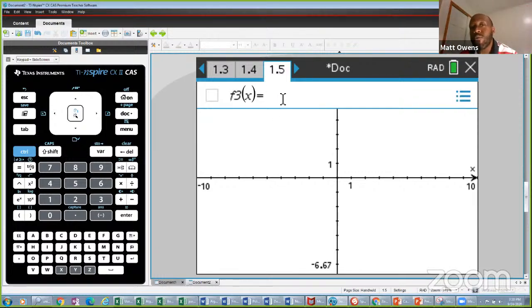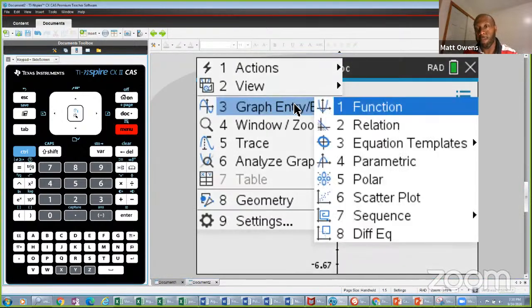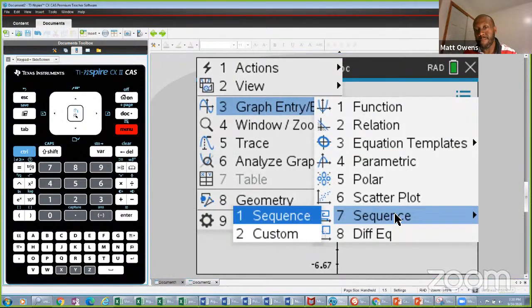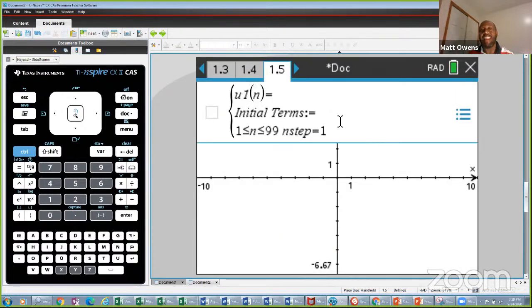We're so used to graphing functions, but in this world, for sequences, I can now do that. I can graph sequences where maybe my first term is going to be 5, and I can declare something like 5 plus n.